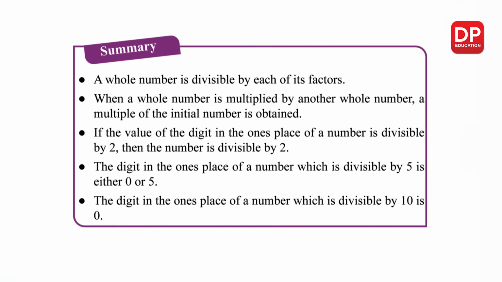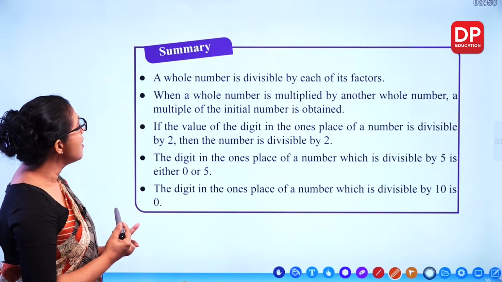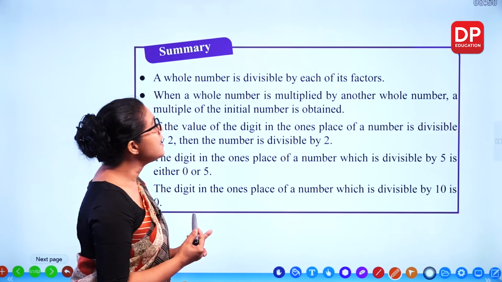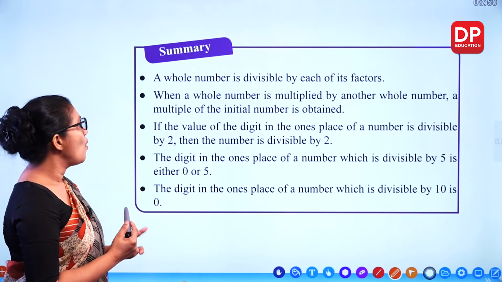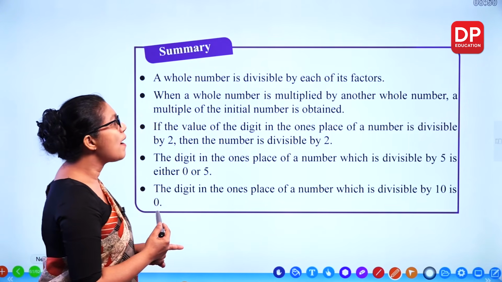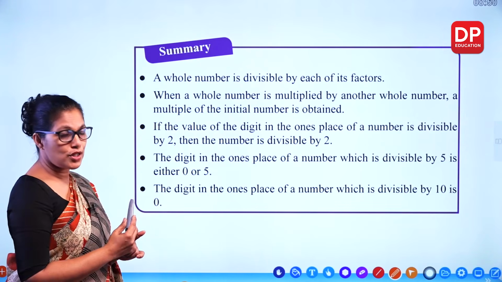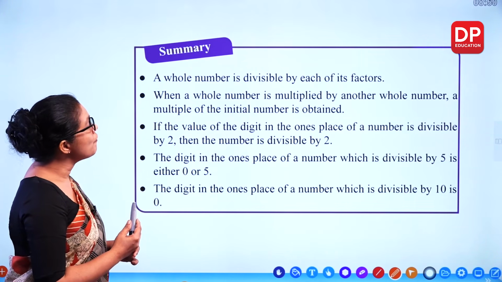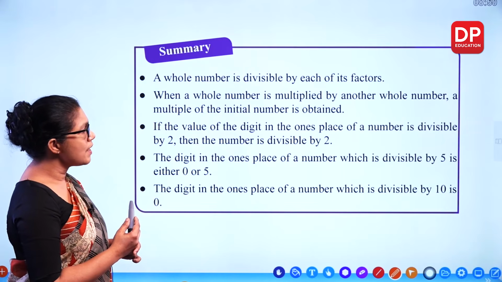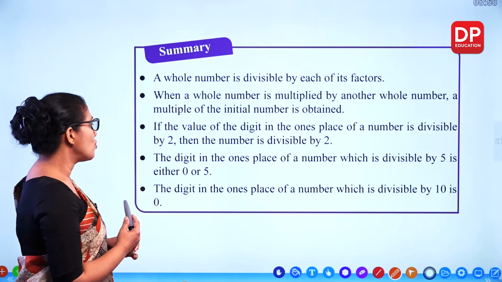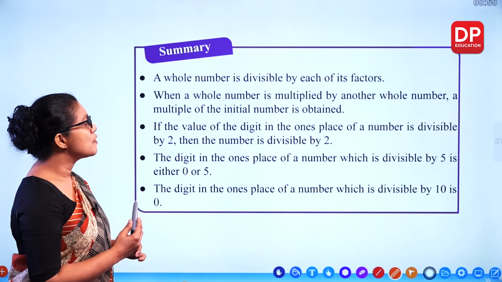Now, we covered all theory related to factors and multiples. A whole number is divisible by each of its factors. When a whole number is multiplied by another whole number, a multiple of the initial number is obtained. If the value of the digit in the ones place of a number is divisible by 2, then the number is divisible by 2.